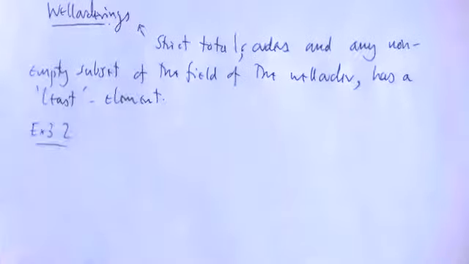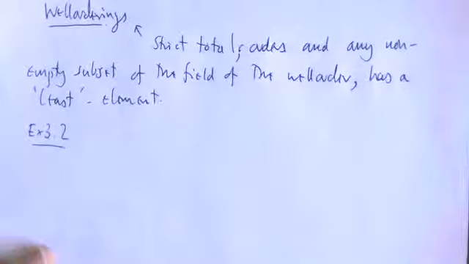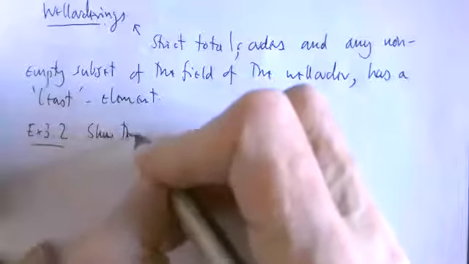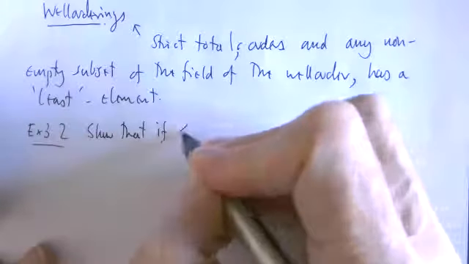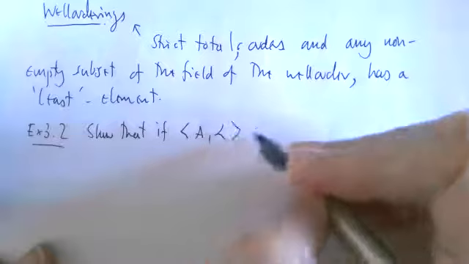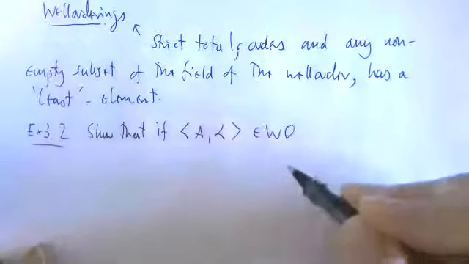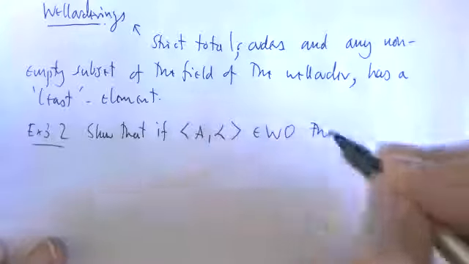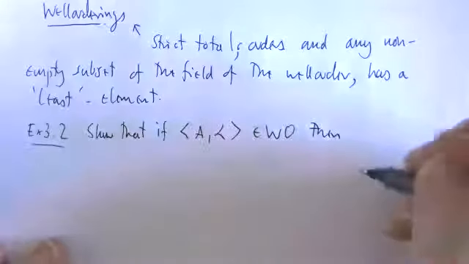So note what this implies. Look at exercise 3.2. It says if you're given a well order, then there's no descending sequence through the ordinal.